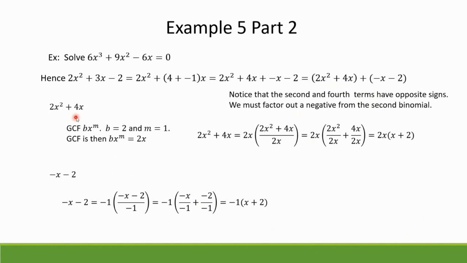Well, hopefully you can see that b, which is the greatest common factor of the coefficients, b equals 2 is the greatest common factor of 2 and 4. Mostly because 2 is a factor of 4, and m is 1 because 1 is the smallest exponent of x. So, I mean, yeah, the GCF here is 2x, so we just factor that out.